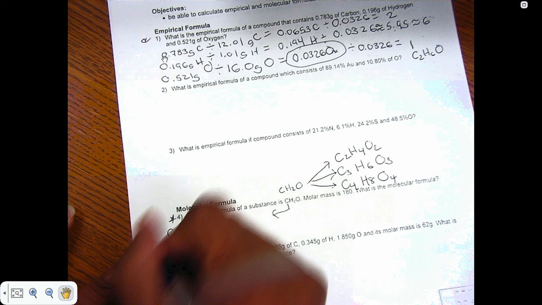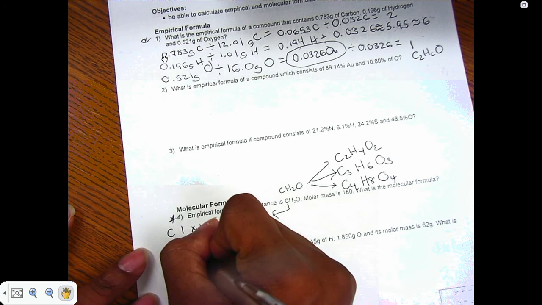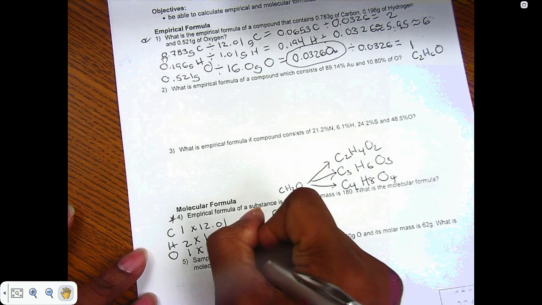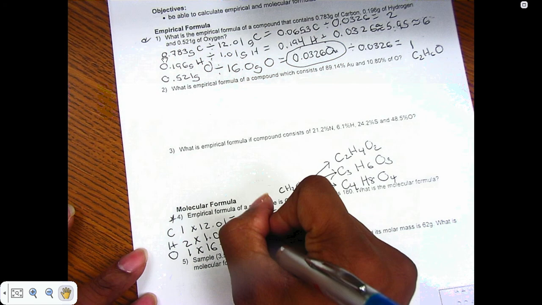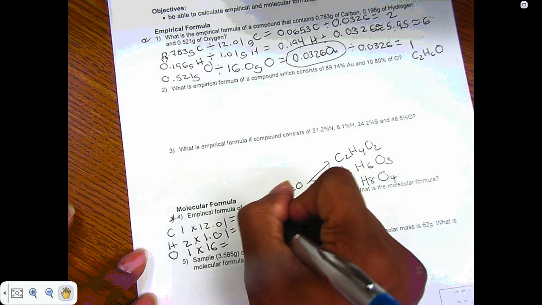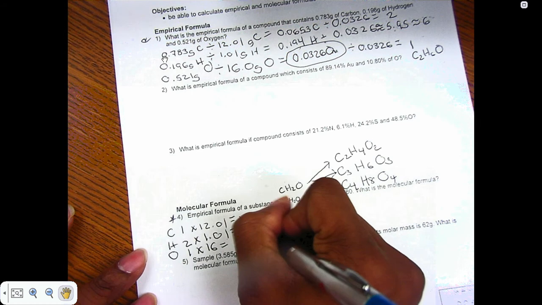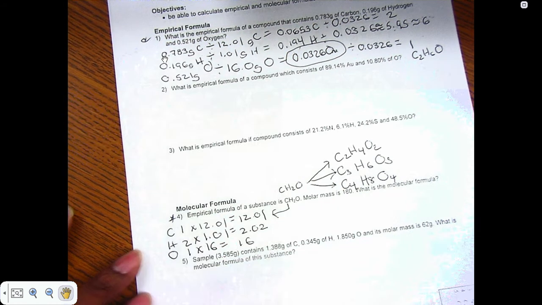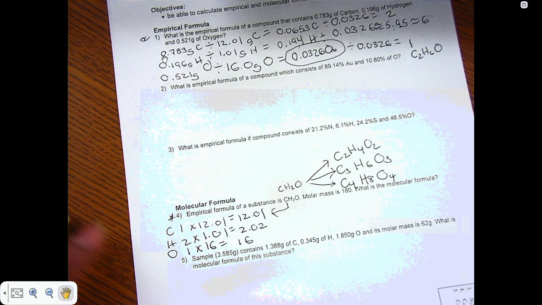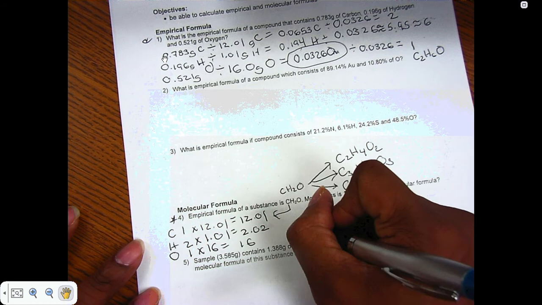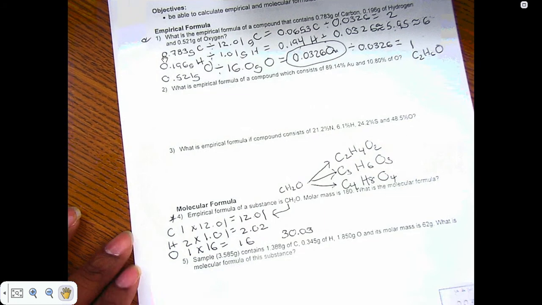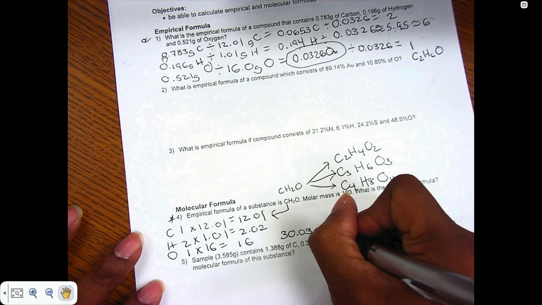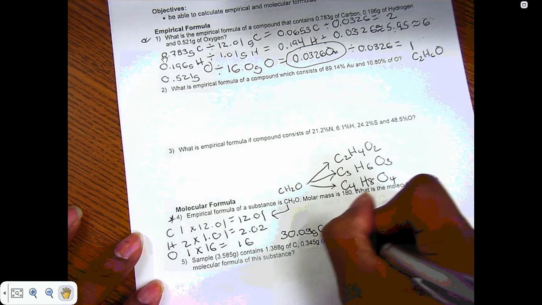And then you have 1 oxygen, which is 16. And I multiply, that ends up being 12.01, 2.02, and 16. Now, if I added those guys up, I'd end up with something like 30.03. And that's the mass of CH2O.